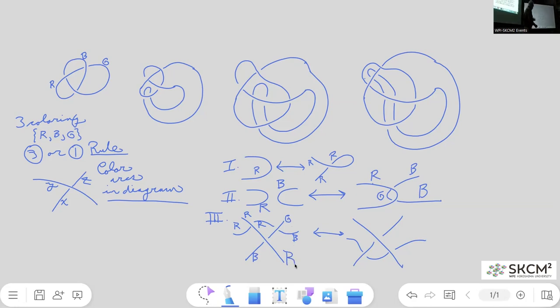Now what I want is that all the colors on the outer lines should remain the same. So I want red, red, green, blue, red, and blue out there, because I'm imagining that I don't change the coloring in a larger diagram. I'm just going to change it from this.